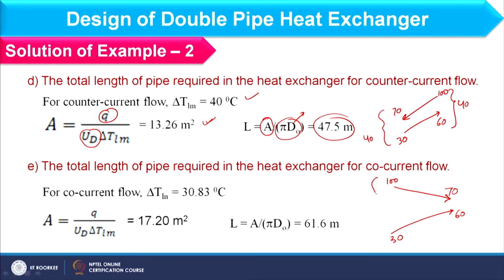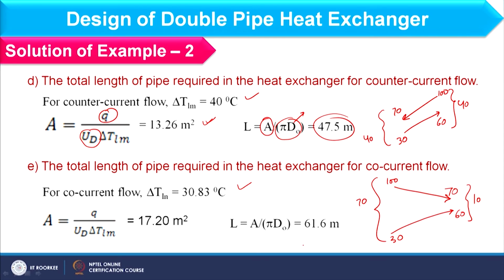So, if you consider here, I am having temperature difference as 70 and here I am having temperature difference as 10. So, in this case you can simply apply the LMTD for co-current flow, and the mean temperature difference considering LMTD you can find as 30.83 degree Celsius. Here both temperature approaches are different.